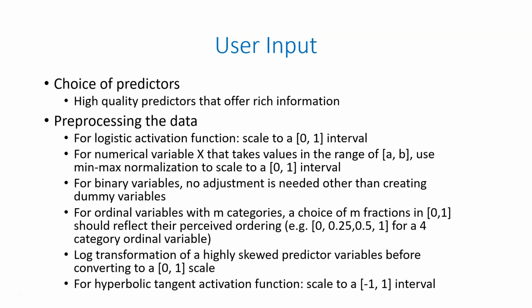To make neural networks successful, the type of user inputs you provide the algorithm is very important. In this section, we are going to go over some of the key user inputs you need to provide and guidelines on how to optimize the performance of neural networks through these user inputs.